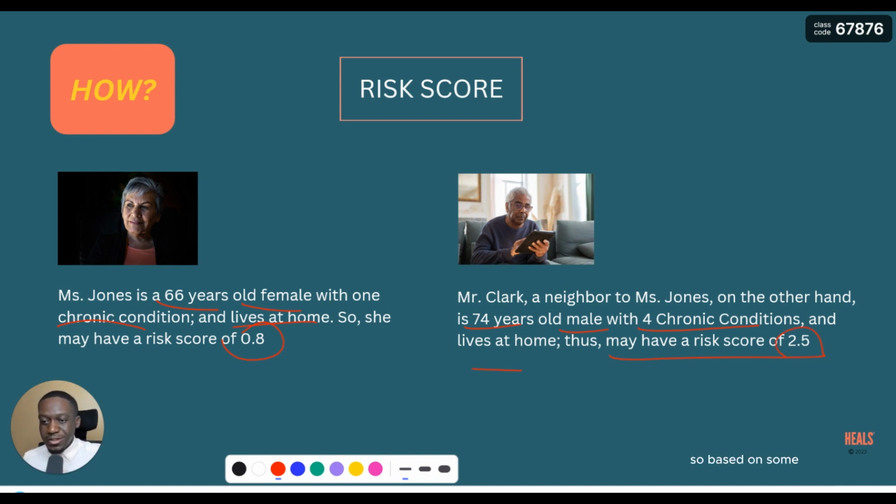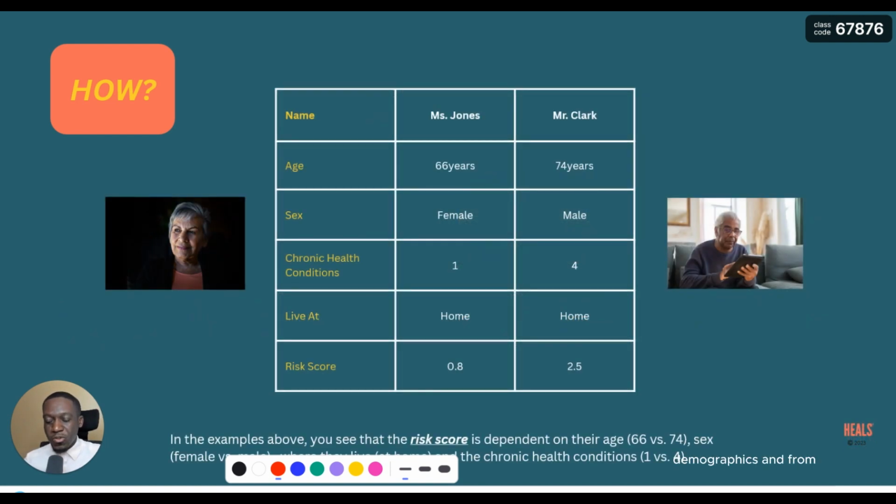So based on some demographics, from the example here, Miss Jones is 66, female, has a health condition, and lives at home. We do the mathematical process, and she gets a risk score of 0.8, compared to Mr. Clark, who is 74 years old, male, has 4 chronic conditions, lives at home, and may get a risk score of 2.5.